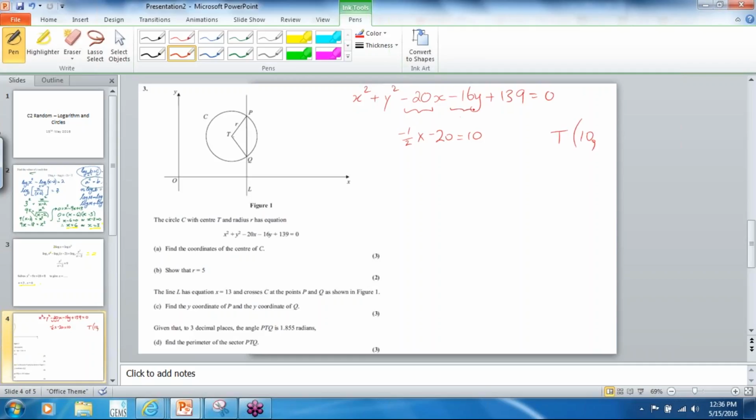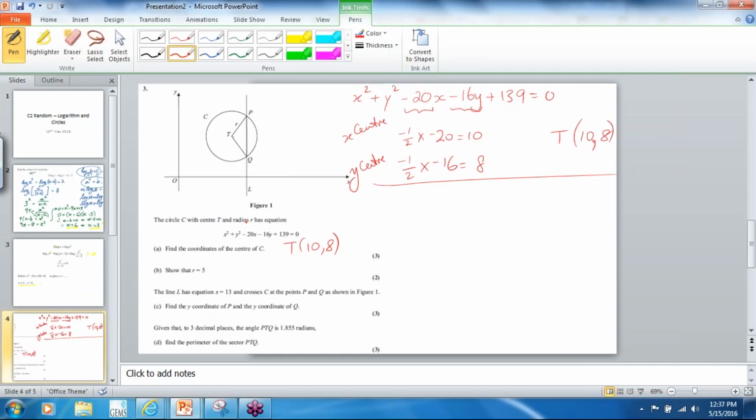And negative a half of negative 16 is, that's our y center, will be 8. So the coordinates of C, the center of our circle T, is 10, 8. Right, that's a very fast way to do it. We could complete the square, but let's move on now.